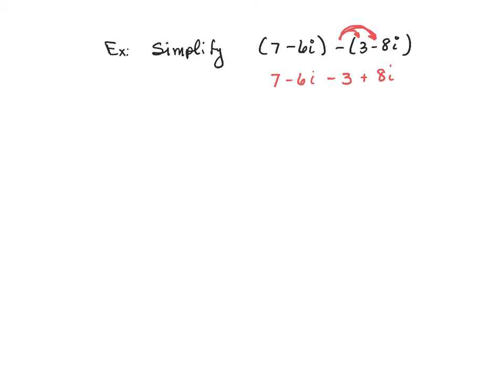And then we just simply add the real parts together, and we do whatever the imaginary part says. Negative 6 plus 8, so it's going to be 2. So it's plus 2i, and we are done. Just add the real parts together, the imaginary parts together, and you're finished.